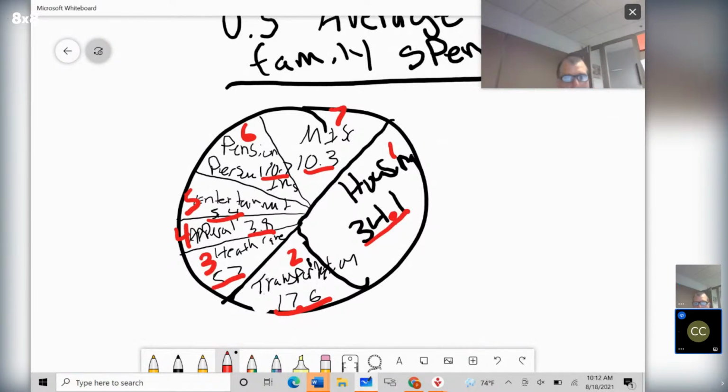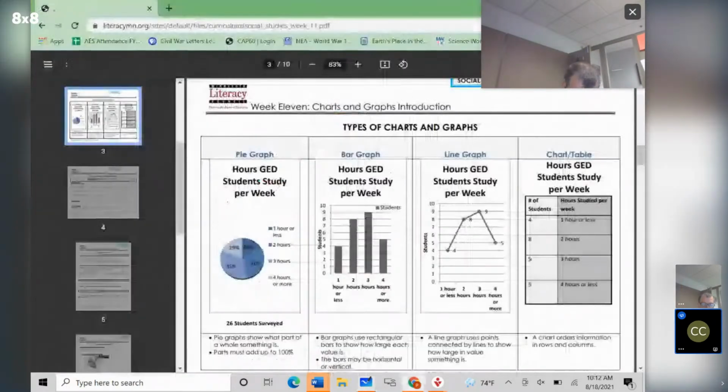Okay. So that's pretty much it for this pie graph. You'll see these sometimes. This one had 7 categories. Sometimes the first one we did only had 4. Like the GED one up here only had 4 categories. So, sometimes they're going to be a combination between 4 and 7, maybe 8.